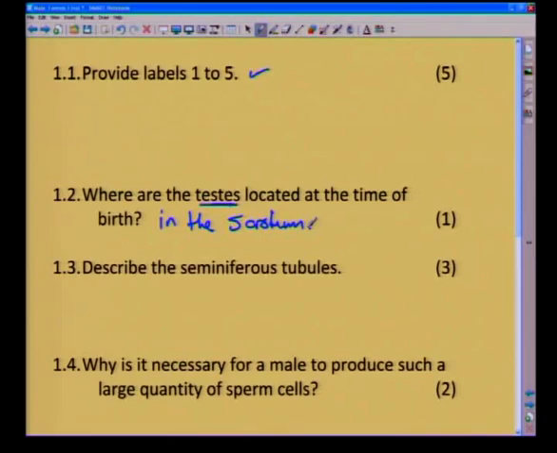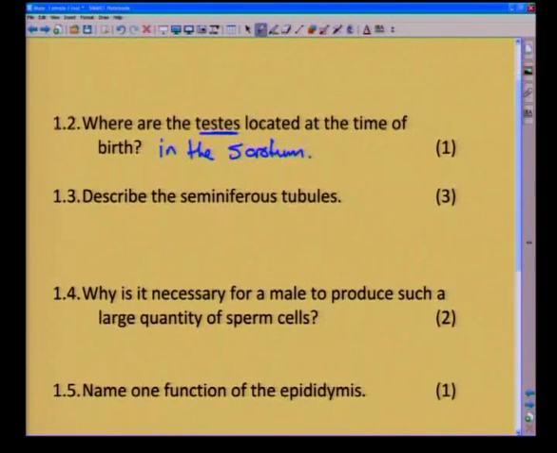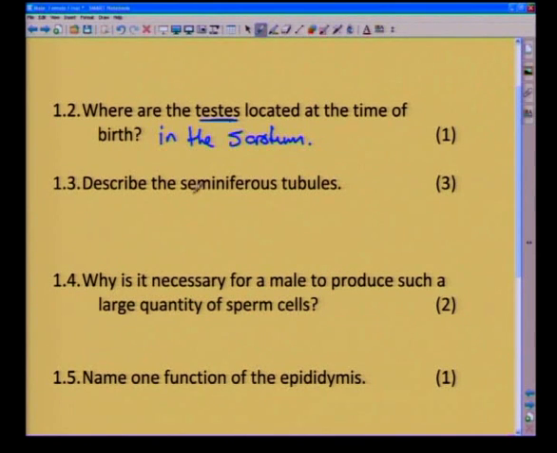All right, describe the seminiferous tubules. Now, the seminiferous tubules, remember, we've gone through. If we have to describe the seminiferous tubules, this is what you will write. We'll say that they are coiled tubules, which means you have an increased surface area.